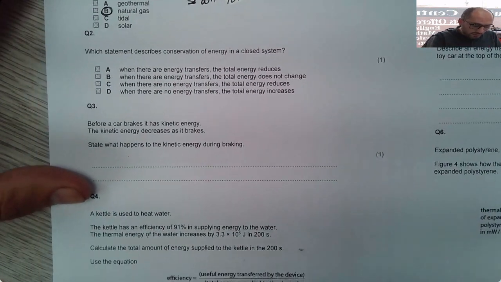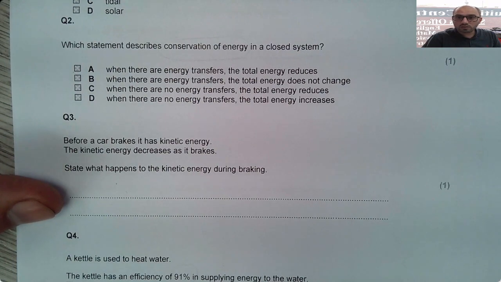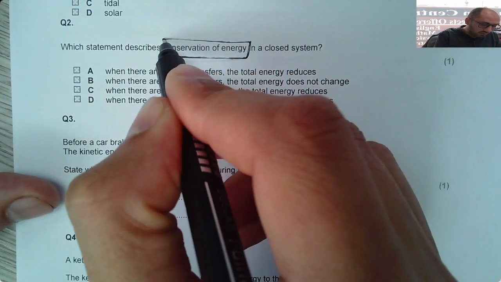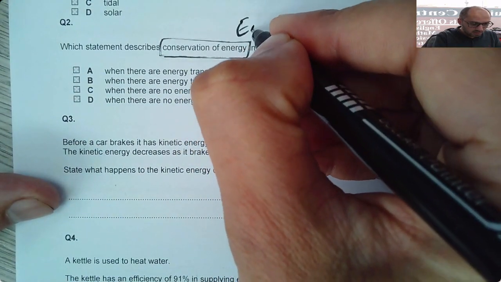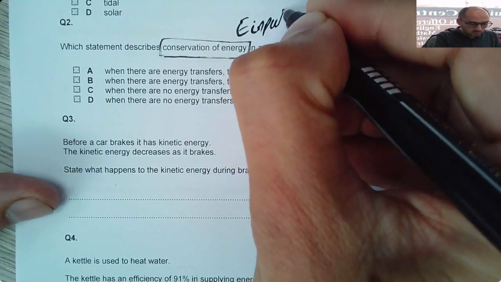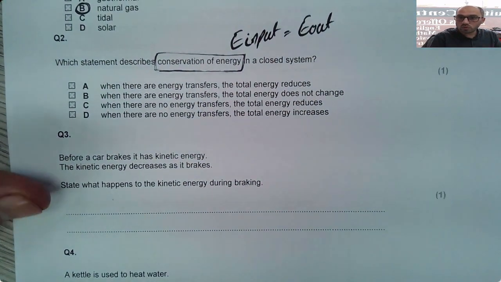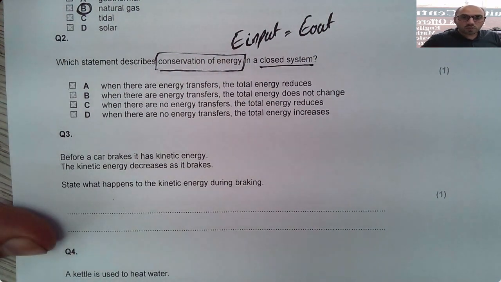Next question talks about which statement describes conservation of energy in a closed system. We have learnt about this concept, and this means energy input will always be equal to energy output, provided no energy is lost. Here are four options available to us.